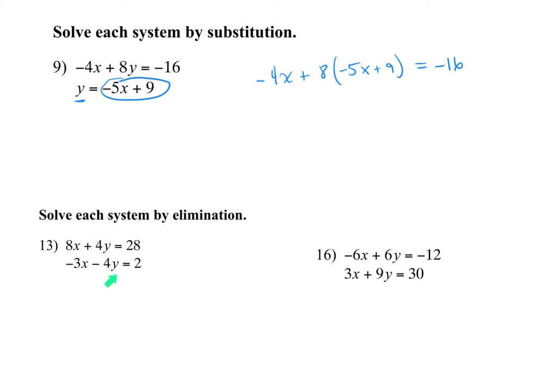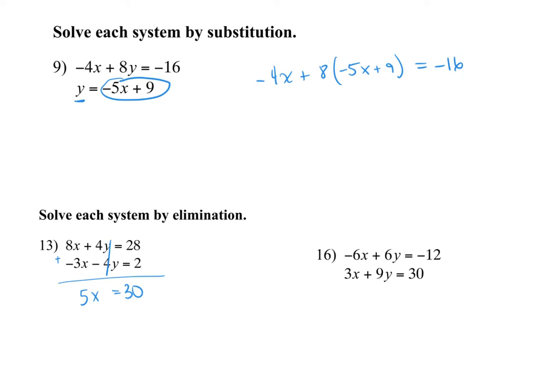Positive 4, negative 4. Does that make sense? And so getting a variable by itself here would be way more difficult. I'd end up with fractions. So if I had it like this and it didn't tell me how to solve, I would just solve by elimination. Add down. Those would cancel, right? And then you can go ahead and solve for your x is 6, plug it back in and get your y, right?